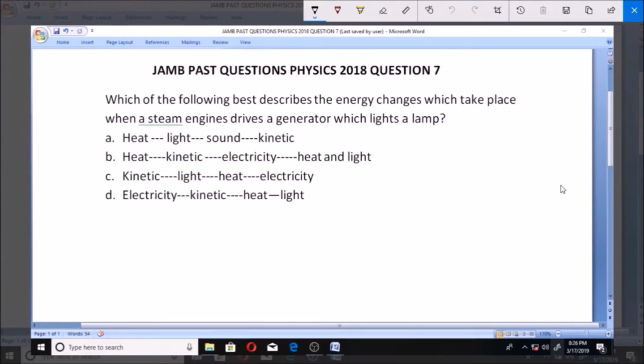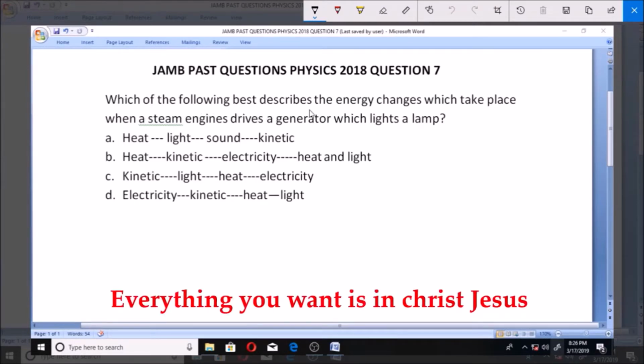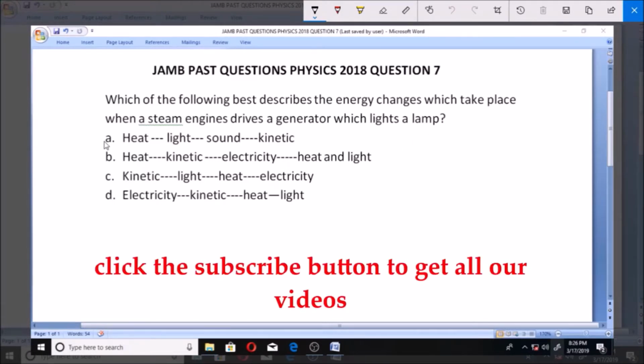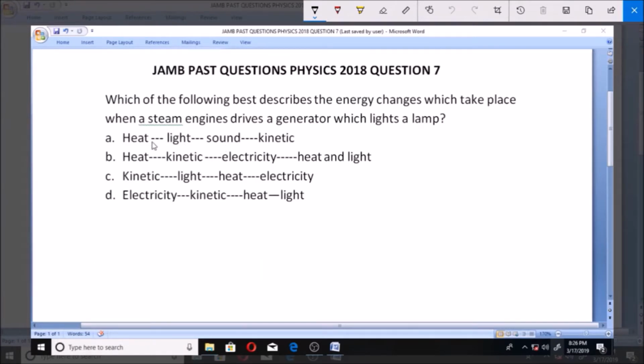So welcome. Let's start with this JAMB past question, physics 2018, question number 7. Which of the following best describes the energy changes which take place when a steam engine drives a generator which lights a lamp? A. Heat to light to sound to kinetic.